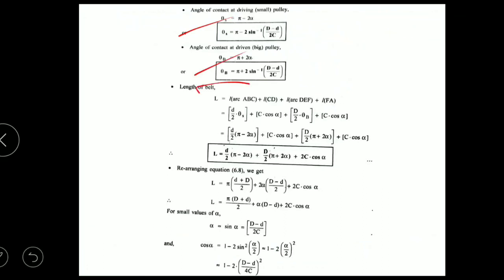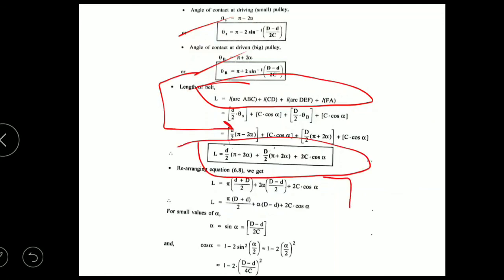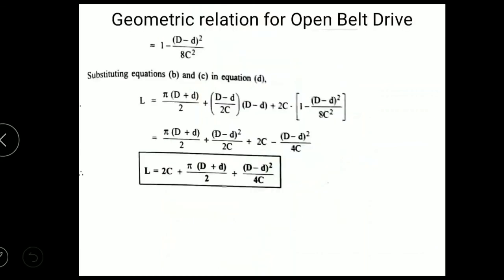Then the length equation, according to the structure, just add the values of this. In the length equation we will get L is equal to d by 2 into pi minus 2 alpha, plus capital D divided by 2 into pi plus 2 alpha, plus 2c cos alpha. Now by rearranging this equation and putting in the terms of cos alpha and alpha, we will get directly the value of L.